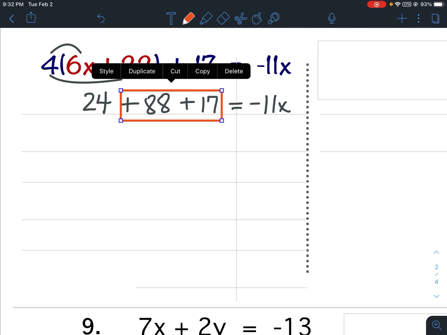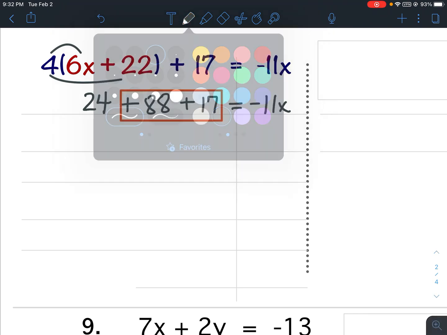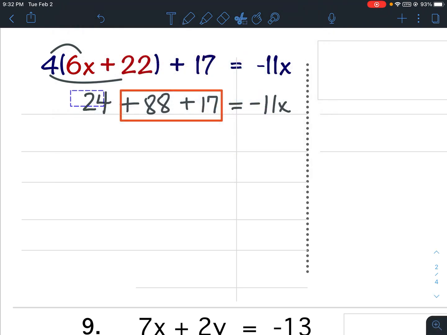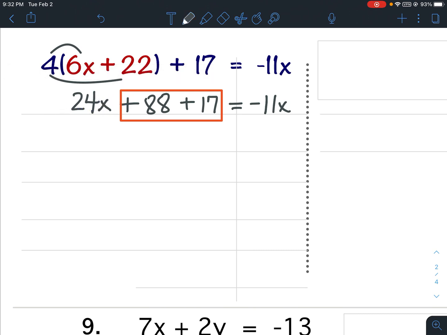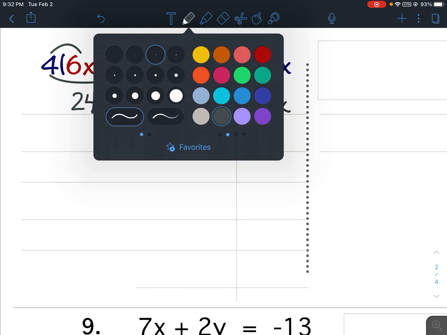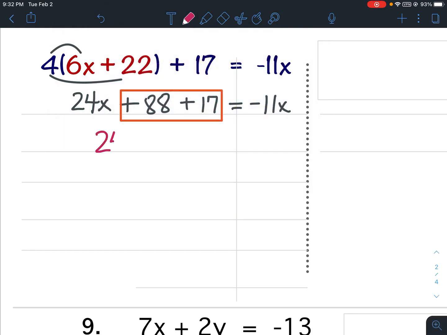Sorry guys. Back it up a second. I've got to put the x on the 24 here. So that should be 24x there. All right, so bring down the 24x. 88 plus 17 would give me 105. And I'd have negative 11x on the right.